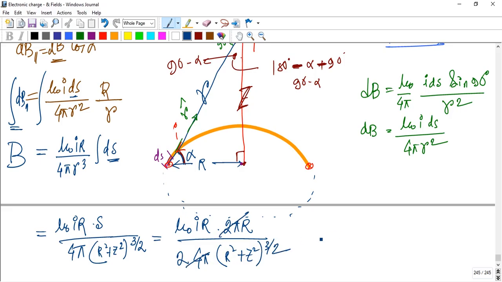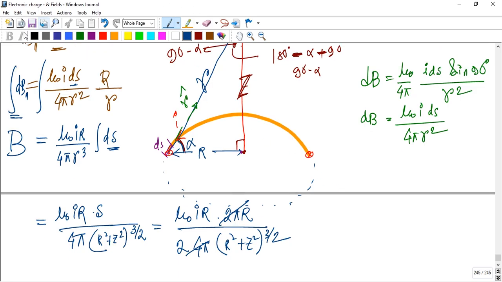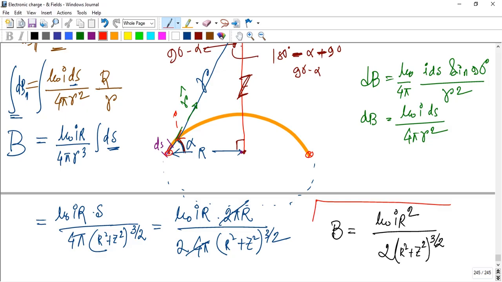So the final answer is B equal to mu 0 I R square by 2 (R square plus z square) to the power 3 by 2. That's the final expression of magnetic field.